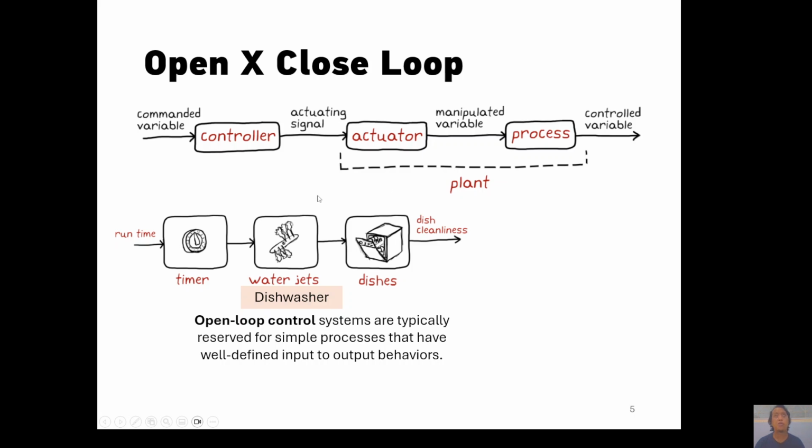An example for open loop is a dishwasher. When there are dirty plates, we can put them in the dishwasher, and we can set the timer. This is the timer, the commanded variable, and it can also act as a controller.